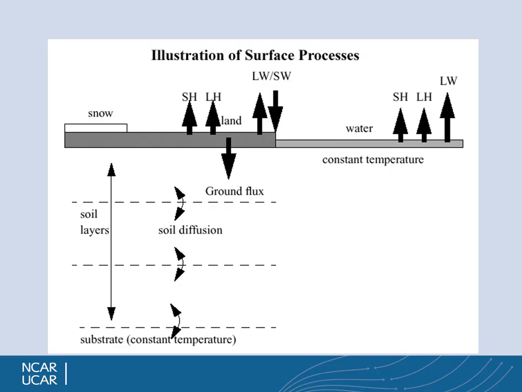This is an illustration of some of the land processes. Over land, we're dealing with sensible and latent heat flux and the ground flux, and then it's balanced. There's a radiation balance with the longwave and shortwave. So basically there's an energy balance at the land surface.